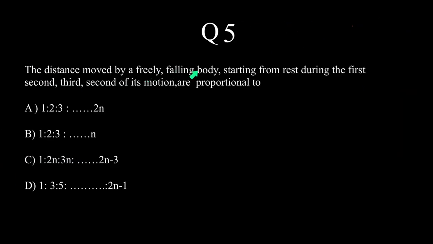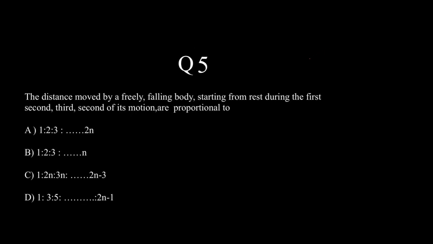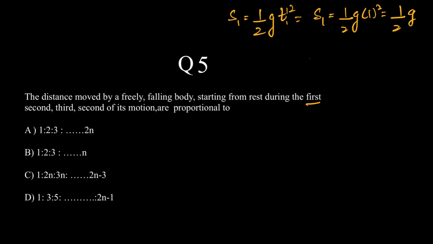The distance moved by a freely falling body starting from rest during the first, second, and third second of its motion are proportional to. Before we start the actual solution, students always come to this conclusion: s is equal to half g t1 square. So s1 is equal to half into g into 1 square, which is equal to half g.